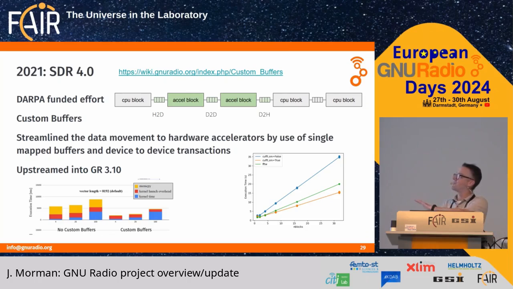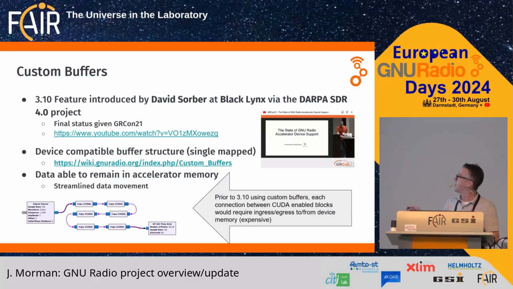So this program, the decision was made early on that this would go into 3, but this was one of the key driving factors of GNU Radio 4.0. And the end effect of this project, so this was demonstrated and the update given at GRCon 21, is that there is a set of custom buffers that you can create your own. It's custom, right?